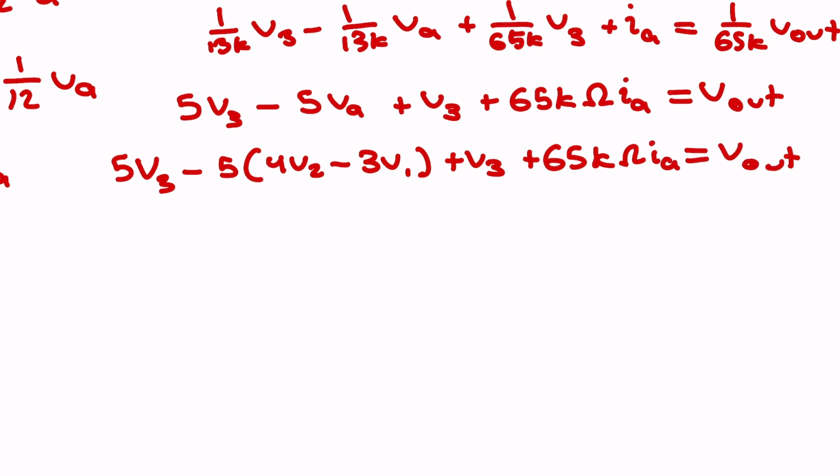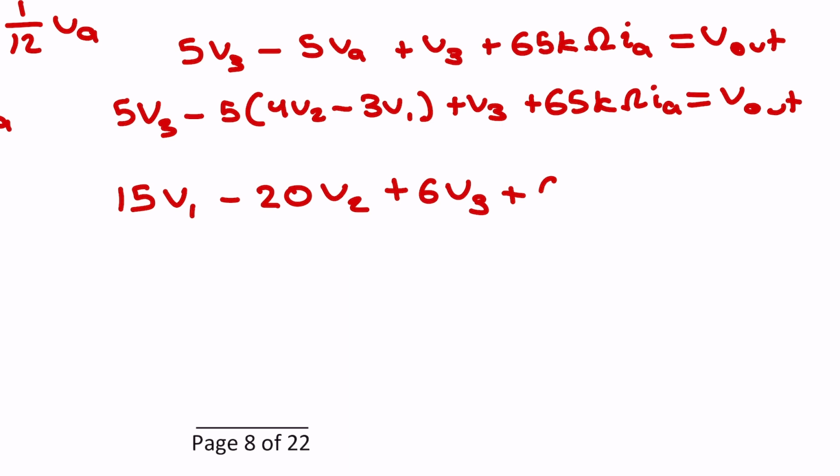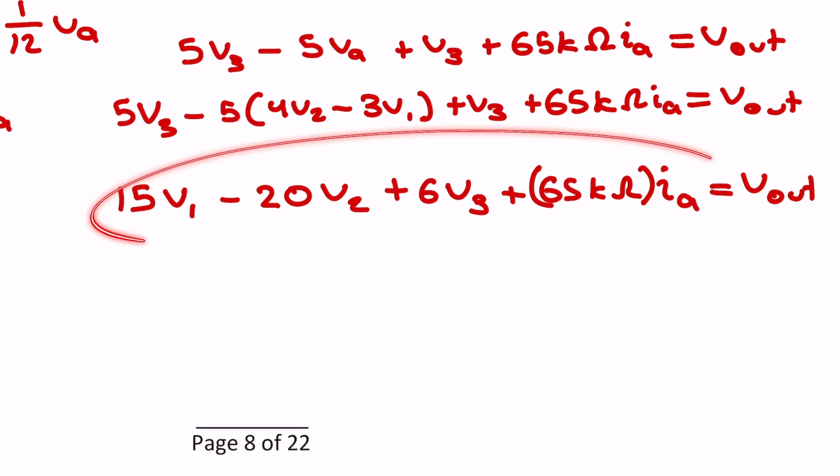Now we can distribute this. We can simplify it. I could write out all the steps, but I'm just going to fast forward a bit and get to our final answer. And also I'm going to rearrange it so that V1 is at the front. So it'll be this. And yeah, there is our final answer.